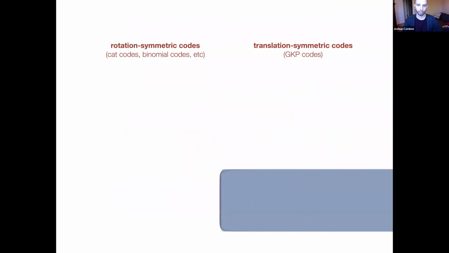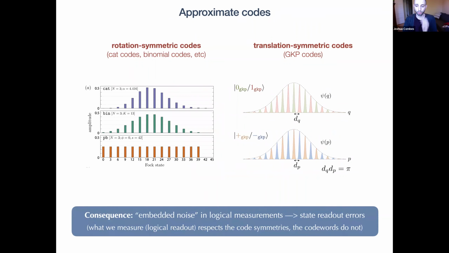Okay. So unfortunately, those wave functions are not normalizable. So we make approximate codes, and the way we do that is by putting a cutoff somehow on the wave function. In the translation symmetric codes, what people typically do is put a Gaussian envelope on top of this train of delta functions, and this causes the translation symmetric codes to lose their perfect translation symmetry.